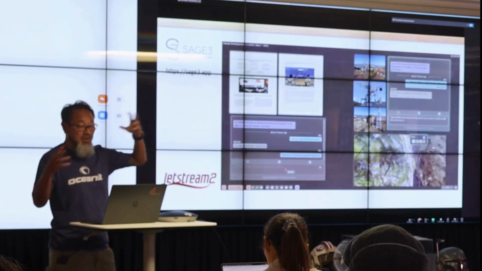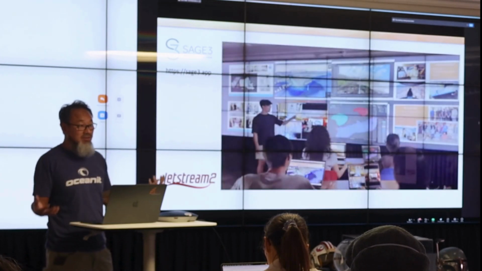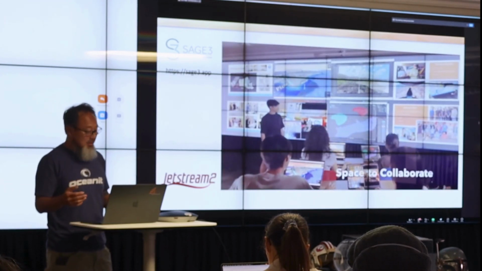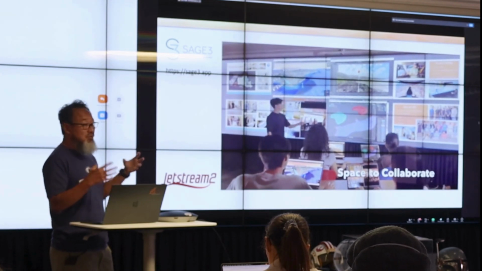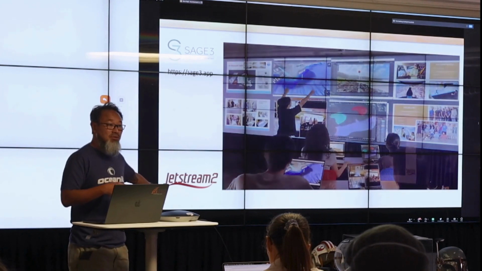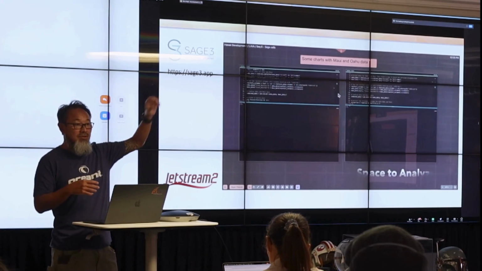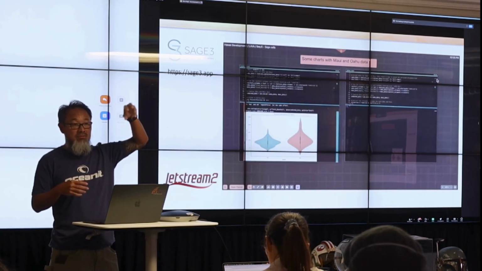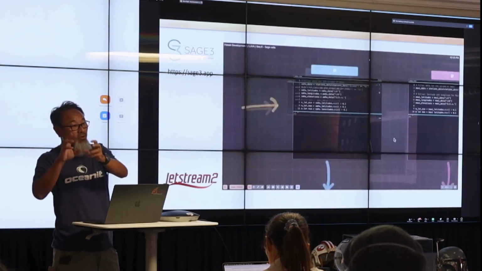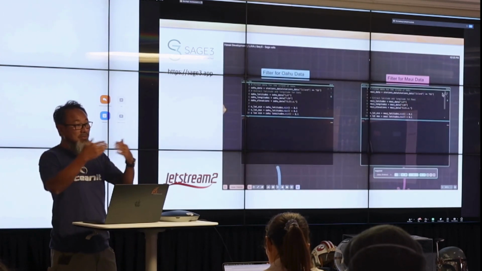You can also take PDF documents and create syntheses of them in this kind of space. And all this is actually run off servers that we host in Jetstream too.